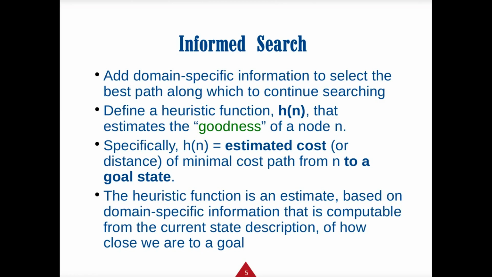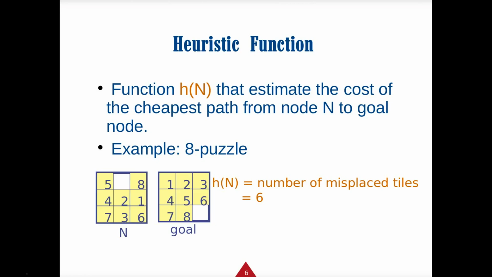Maybe there's traffic that just came up because of an accident. It doesn't have that information, but it'll try its best to find the quickest path between two points, and that's what most searches try to do. So the heuristic function, h of n, is the cost of the cheapest path from the node n, the current node you're in, to the goal node.